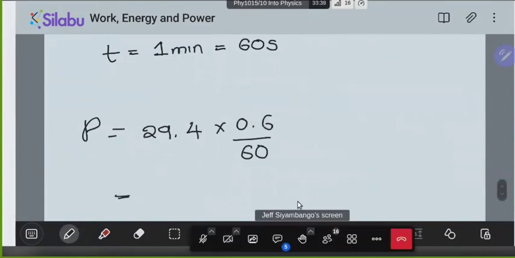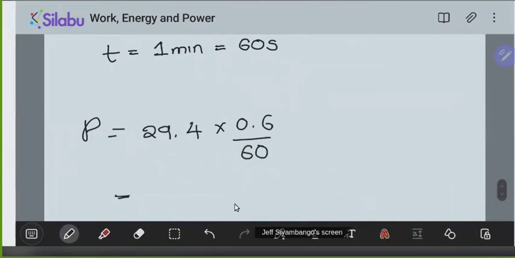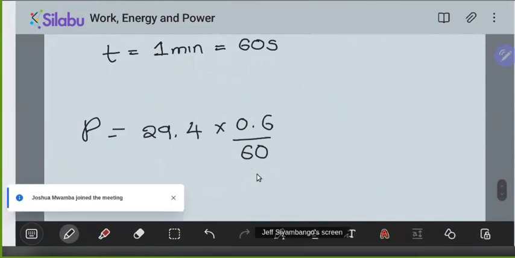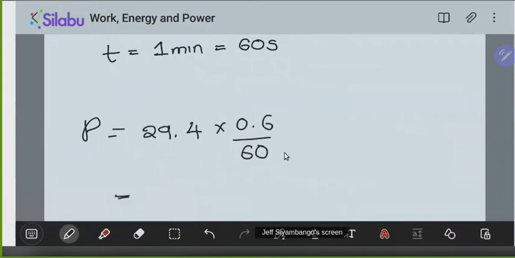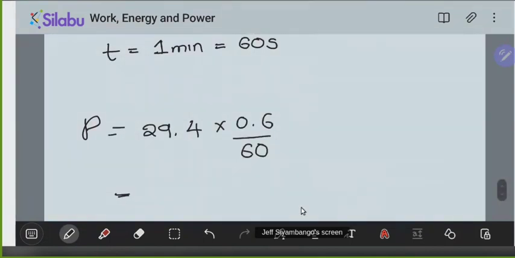So now we just do the math. It's the 29.4 by 0.6. And we get 17.64. Then we divide this by 60. And we get 0.294 watts.